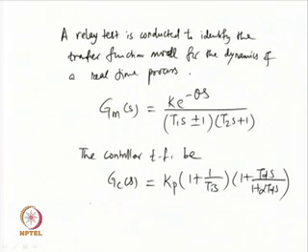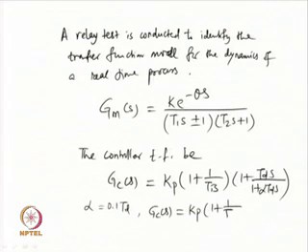As you know, alpha will be some percentage of Td only. So, alpha is assumed to be 0.1 of Td or less than that. So, this alpha will be neglected in the analysis, giving us finally the form G C s is equal to Kp times (1 plus 1 upon Ti s) times (1 plus Td s).